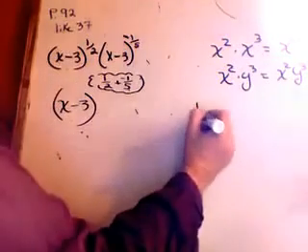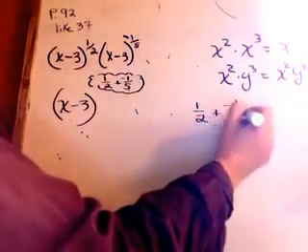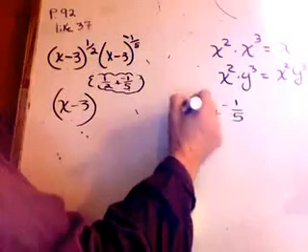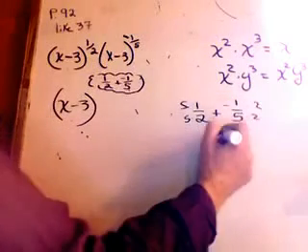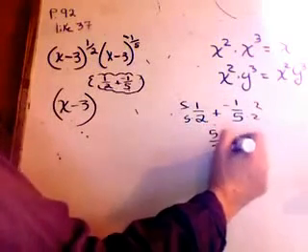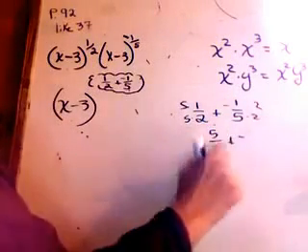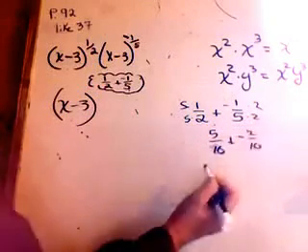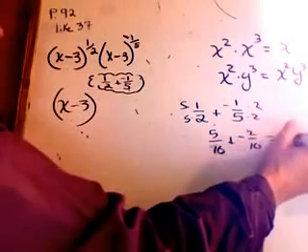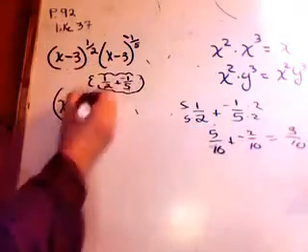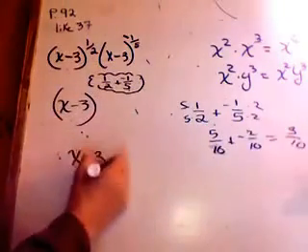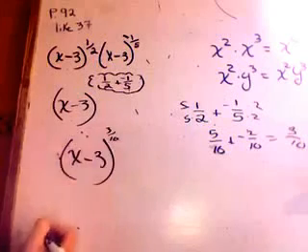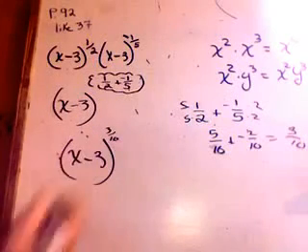The common denominator would be 10. So 5/10 plus a negative 2/10, which would be 3/10. So the exponent here, x minus 3 to the exponent 3/10, and that's as far as I can go.